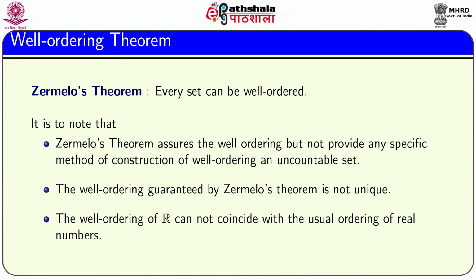Now, if we consider the real numbers, we already know that it has a usual natural ordering. It is clear that the well order assured by Zermelo's theorem cannot coincide with the usual order of real numbers.